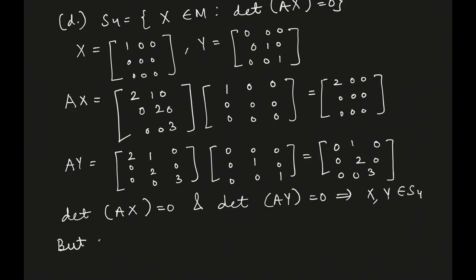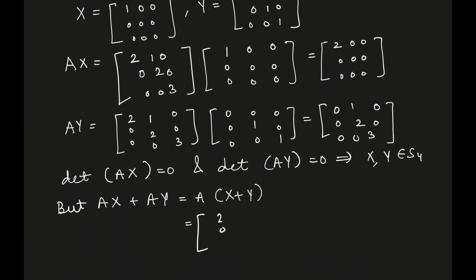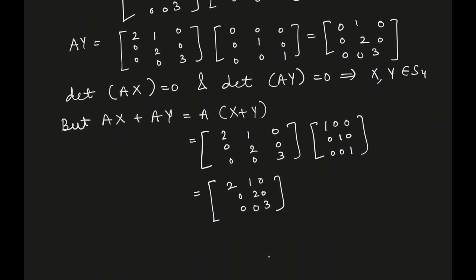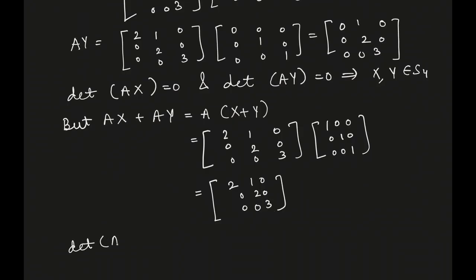But AX plus AY is equal to A. I can take a common X plus Y. So this will be A times X plus Y, and this is 2, 1, 0, 0, 2, 0, 0, 0, 3. And what is determinant of A(X plus Y)?